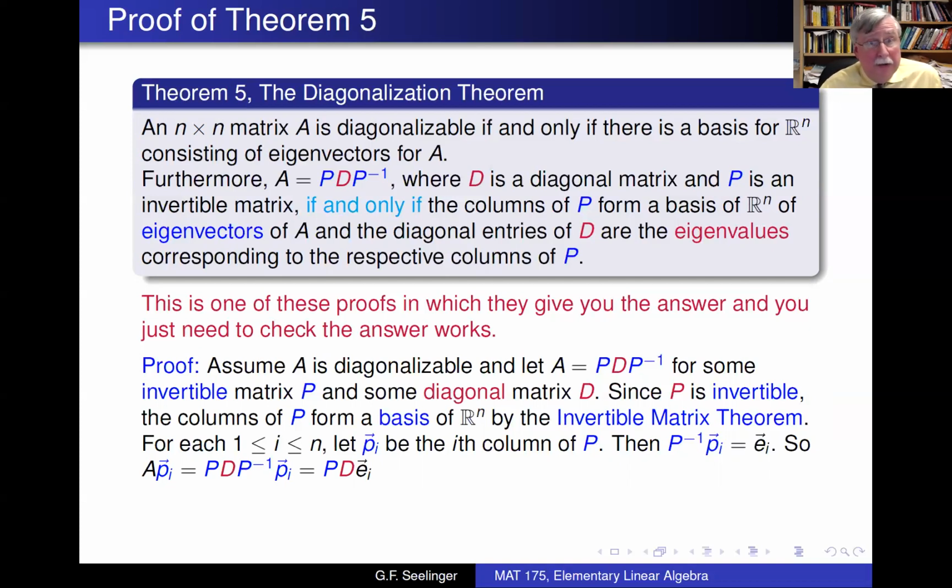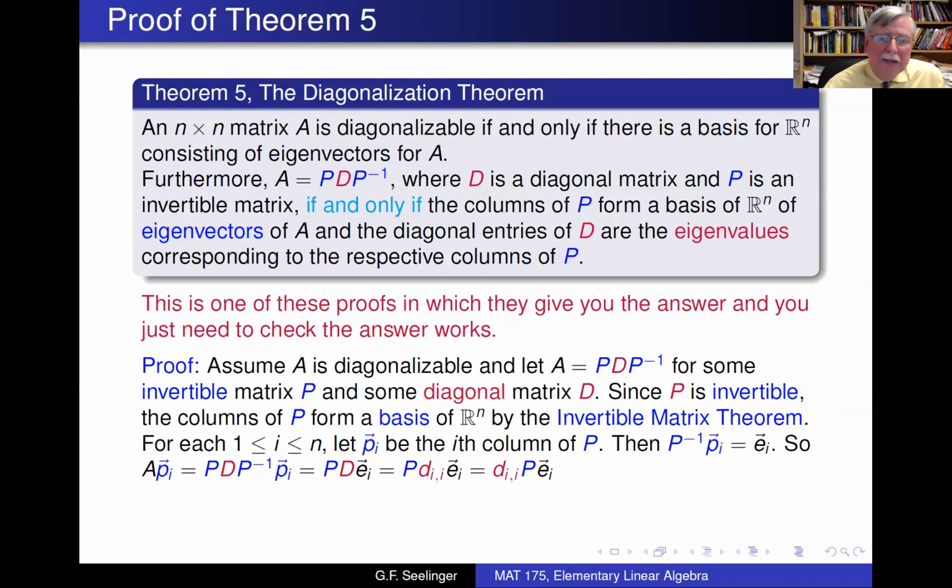D is a diagonal matrix, so what does that do to the ith standard vector? It just multiplies it by a scalar, dii, the diagonal entry in that ith column. And then, since it's a scalar, I just factor that out and put it in front.